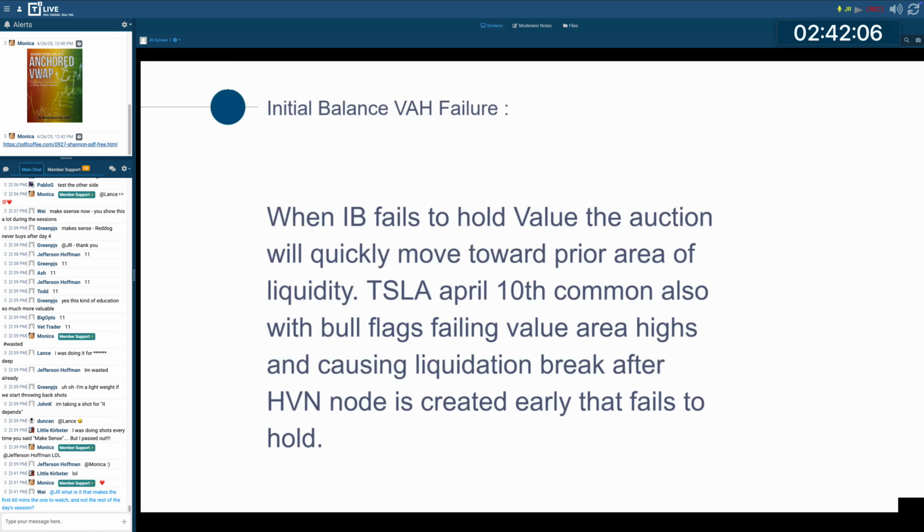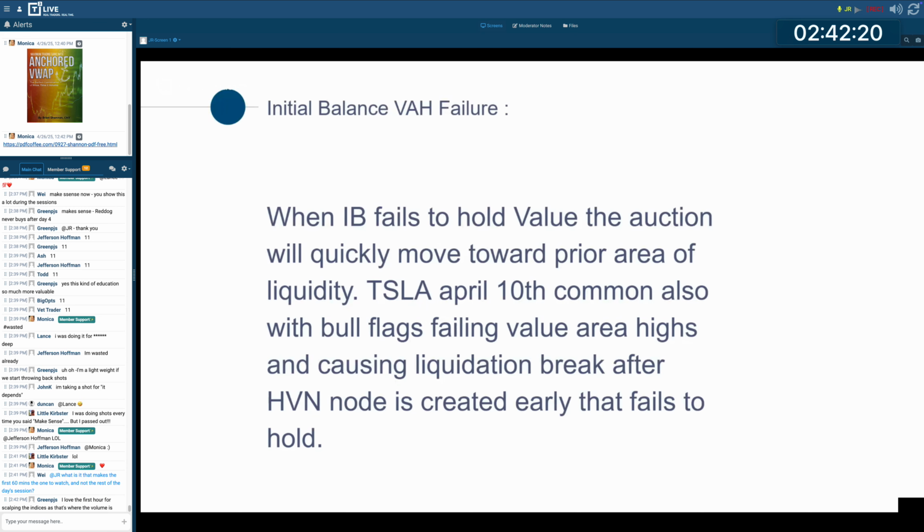What is it that makes the first 60 minutes the one to watch and not the rest of the day session? So your market opening imbalances are usually fulfilled in the first 12 5-minute candles, right? Say you're a buy side trader and you've got a customer. Obviously, if you've got to buy $100 million worth of Apple stock, you're not going to get it done in the first hour, okay?